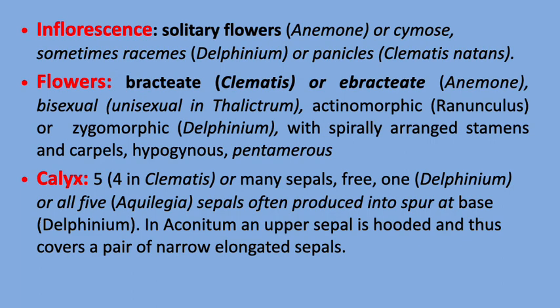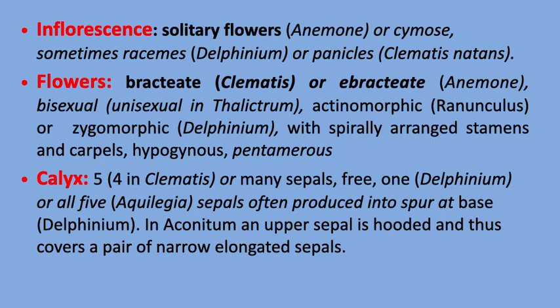Flowers are bracteate, Clematis, or ebracteate, Anemone. Bracteate flowers are also seen in Delphinium. They are bisexual flowers. Unisexual flowers are seen in Thalictrum. Flowers are actinomorphic, Ranunculus is an example. Or they may be zygomorphic, as we see in case of Delphinium.